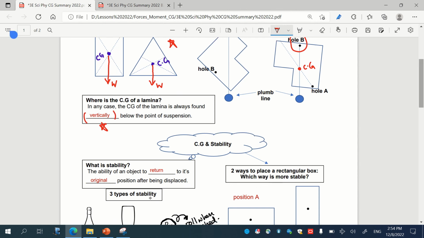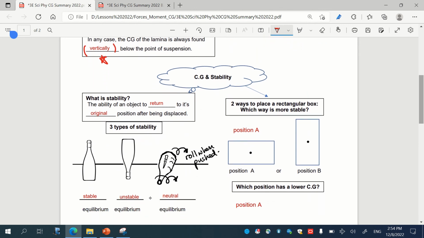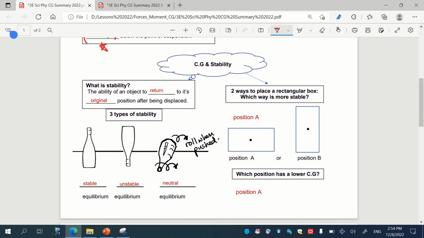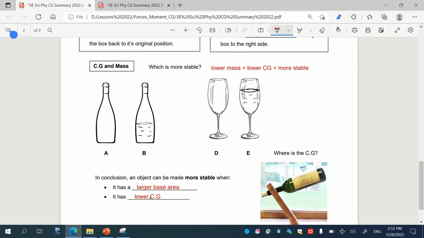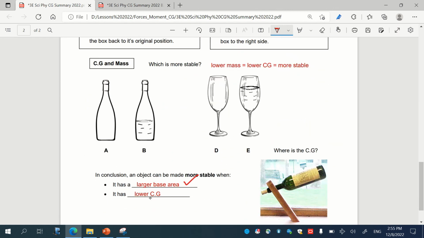Then how do you tell the three types of stability, or equilibrium, and how stability has to do with base area and CG position, lower CG position. How are they related? The lower the CG and the bigger the base area, the greater the stability.